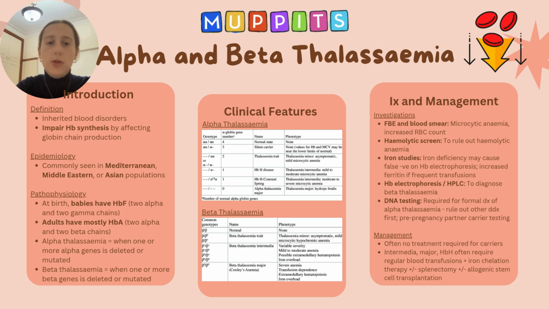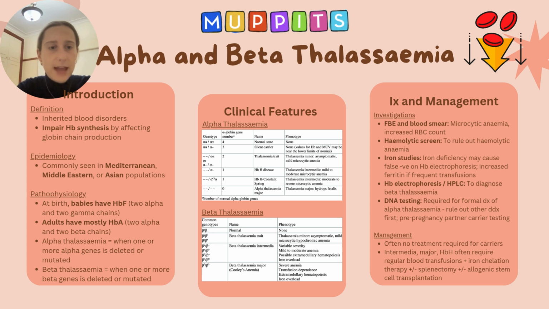And I think this can also occur because these patients are most often going to need regular blood transfusions, and as a result, if iron chelation therapy isn't given, then they're going to have iron overload. And then beta thalassemia major has a picture of severe anemia. So they're transfusion dependent. Extramedullary hematopoiesis is definitely going to occur, and iron overload as well. So regular chelation therapy is needed.